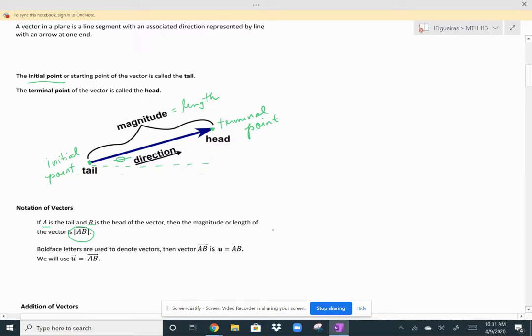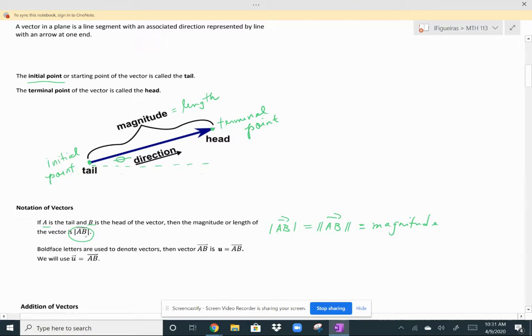Other common notation, which would mean the same thing, uses double bars instead of single bars. I've used both throughout this lecture, but they mean the same thing, and this would be the magnitude or length of the vector.